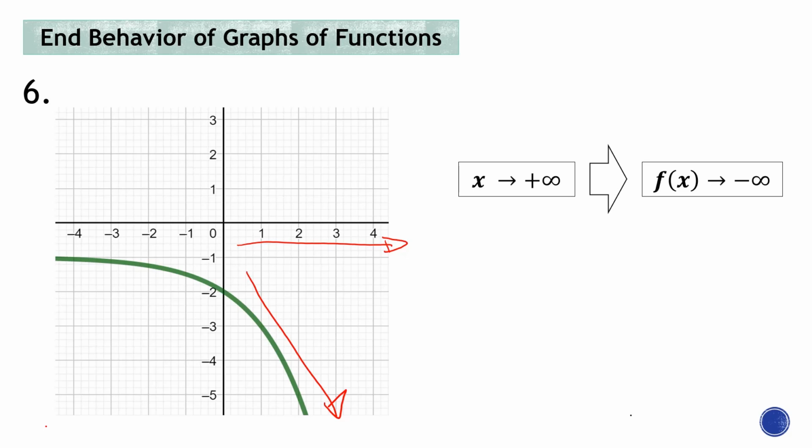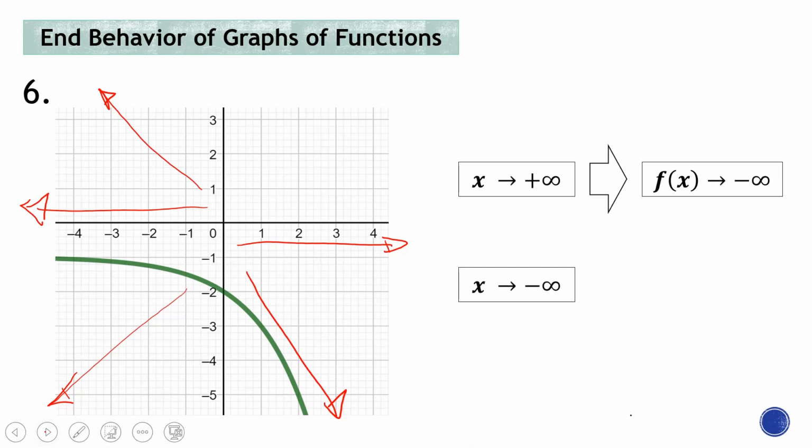Now hold on and wait a minute, because there are special cases when it comes to end behavior. Okay, so as x now is decreasing or going towards negative infinity, you look at the graph, it's not going to positive infinity or not going to negative infinity. It's going to a certain value of y, which is this. It's going towards -1.